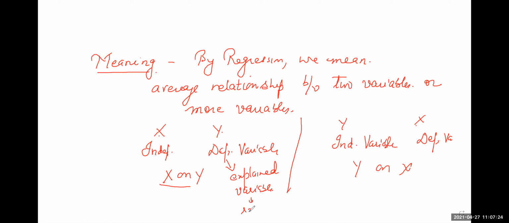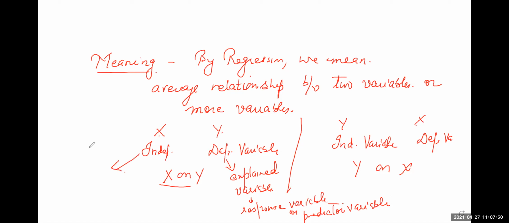So many names. One more name, predictor variable. So whether we talk about the explained variable, response variable, predictor variable, or dependent variable, we are talking about the dependent variable.